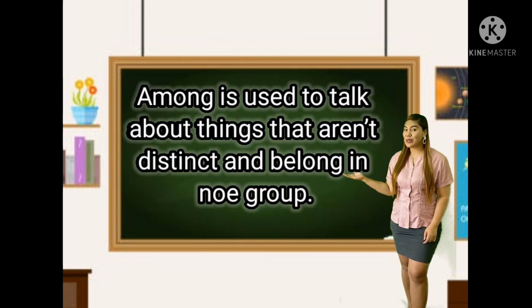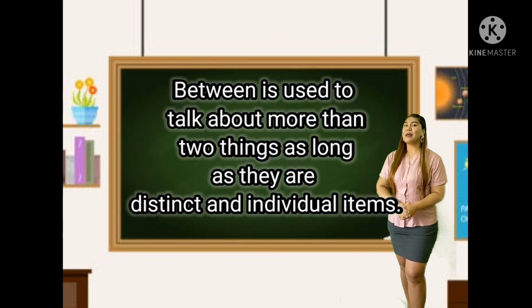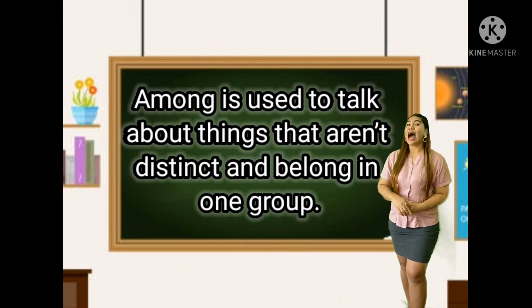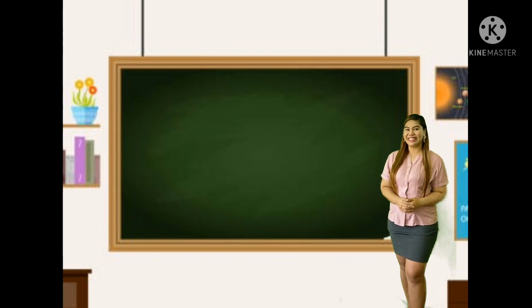Among is used to talk about things that are distinct and belong in one group. Alright, let us read again. Between is used to talk about more than two things as long as they are distinct and individual items. While among is used to talk about things that are not distinct and belong in one group.